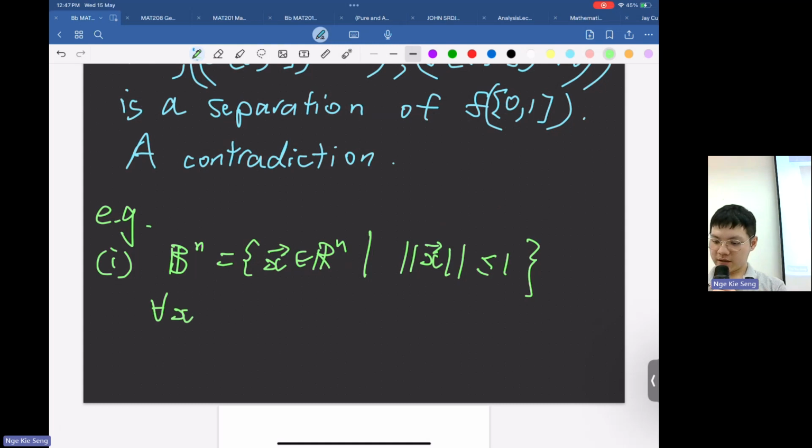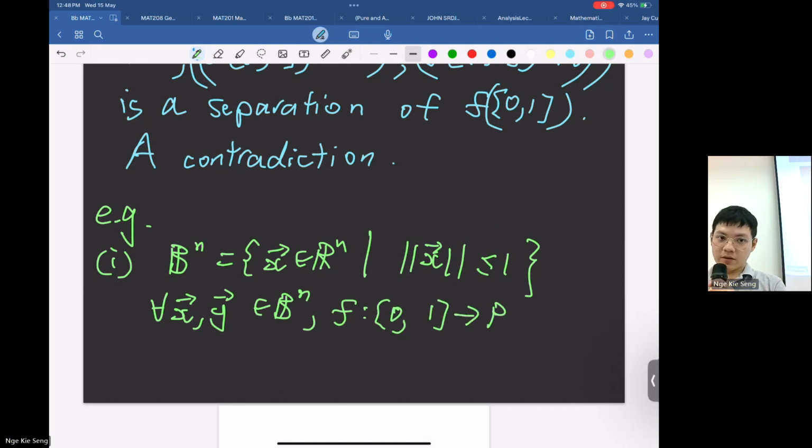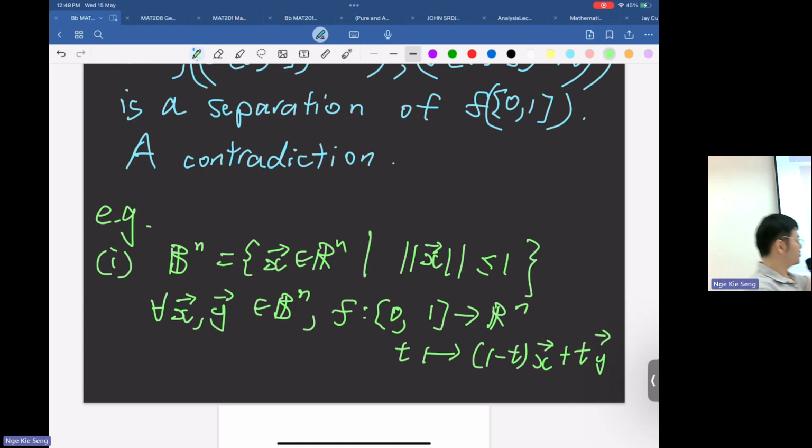So what is the straight line path? For any x, y in Bn, how do you form this path here? f(t) = (1 - t)x + ty. So what do you need to do? You need to check that for every t, this is a point in Bn.